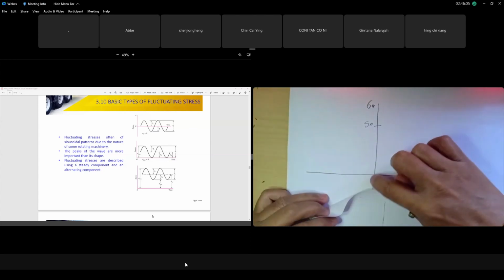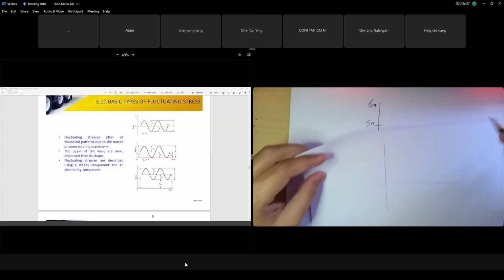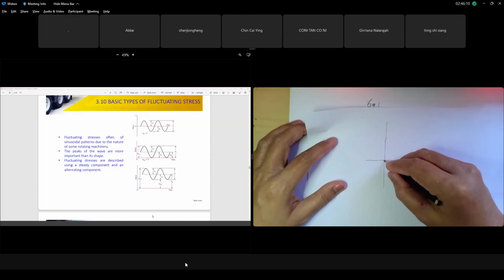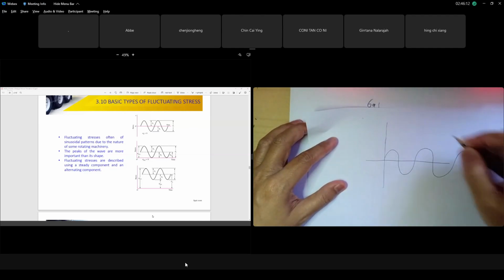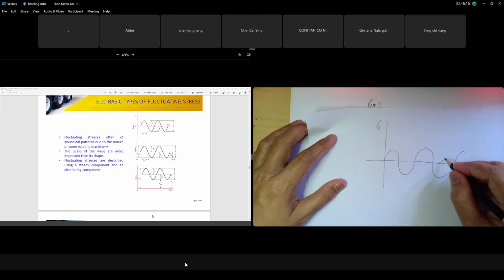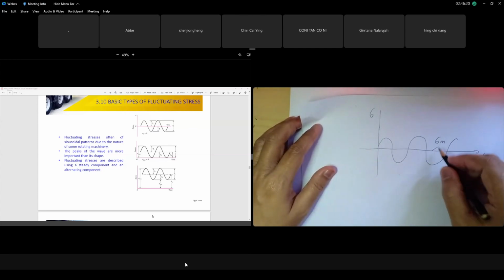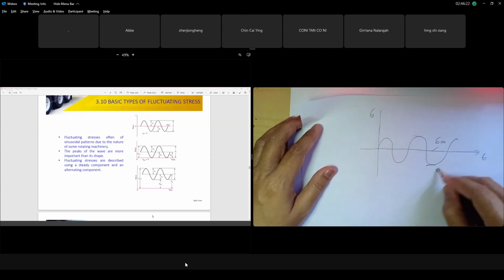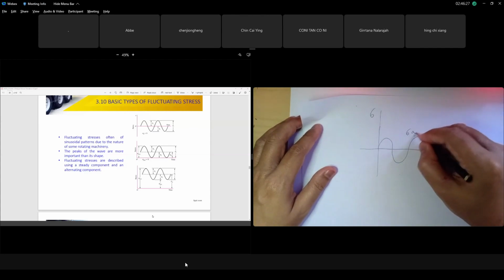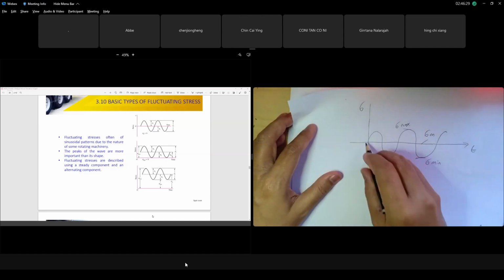Along this point where your mean is 0, this is the case of completely reversed loading. Your sigma through time is completely reversed, like pure bending just now. Your mean is 0, where your sigma max and sigma minimum have the same magnitude, with the minimum negative. So your mean is 0.